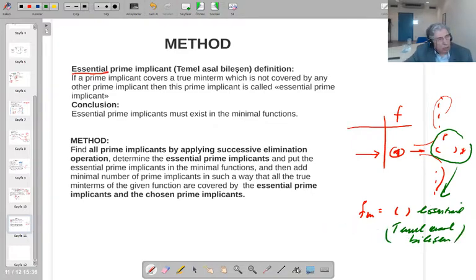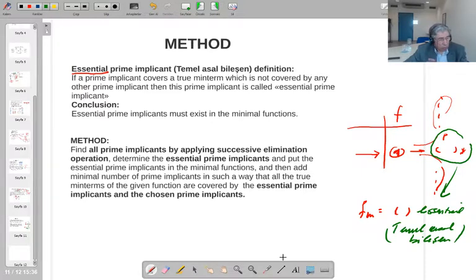So the conclusion is this. I've got to find all the prime implicants, and among those prime implicants I should find the essential prime implicants. These essential prime implicants must be in the minimal function. It doesn't mean that the minimal function covers only the essential prime implicants.